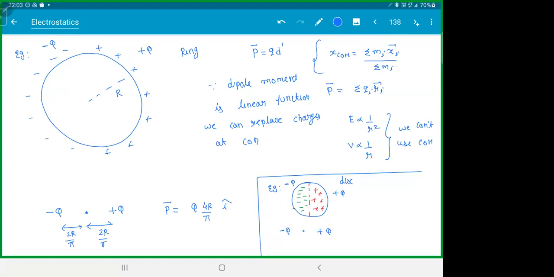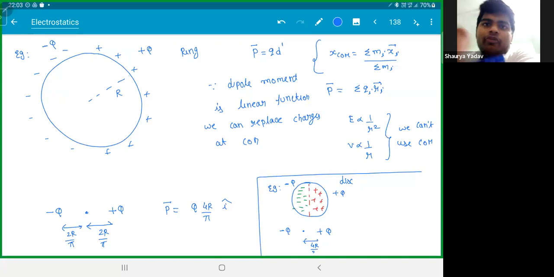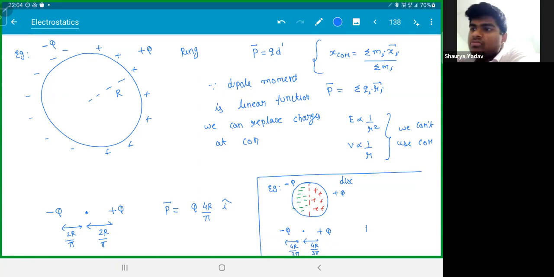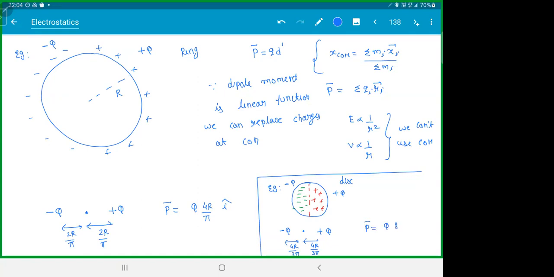Solid hemisphere is 3R by 8. What is it for a half disk? 4R by 3 pi. So the dipole moment will be Q into 8R by 3 pi. I hope this is clear, everyone.